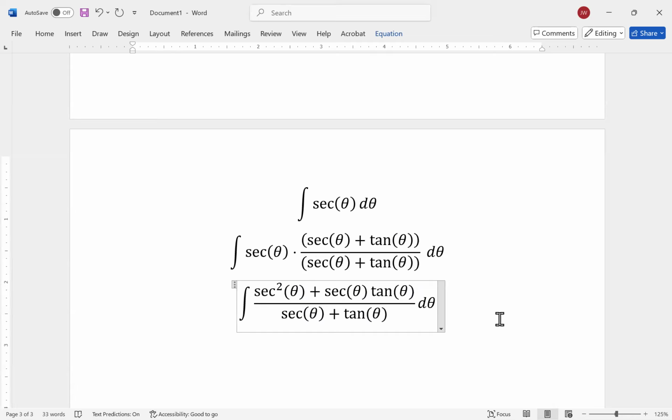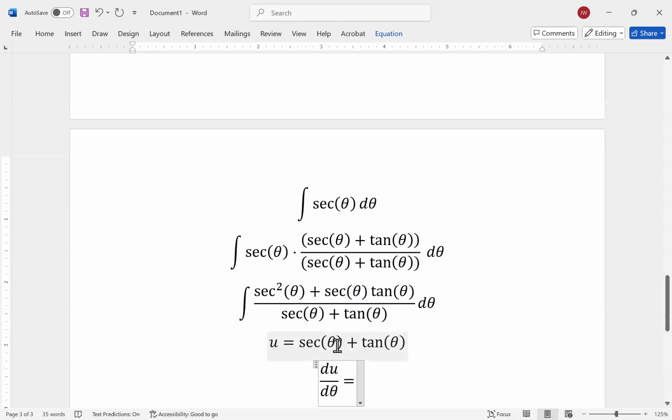And once you do that trig trick, then you do a regular u substitution. You set u equal to the denominator, and then the derivative of u with respect to theta turns out to be, well, the derivative of secant is secant times tangent. The derivative of tangent is secant squared.